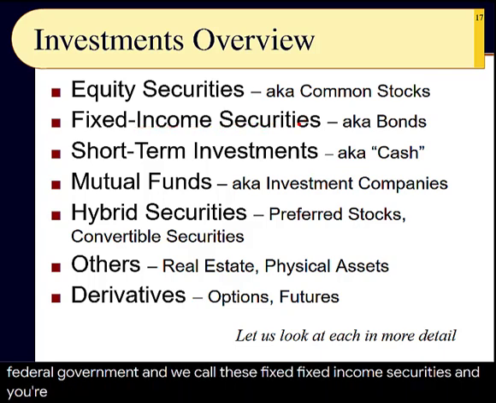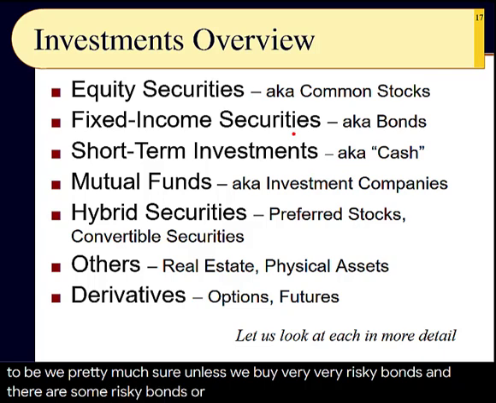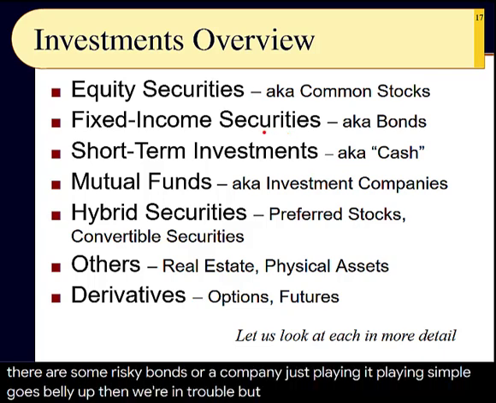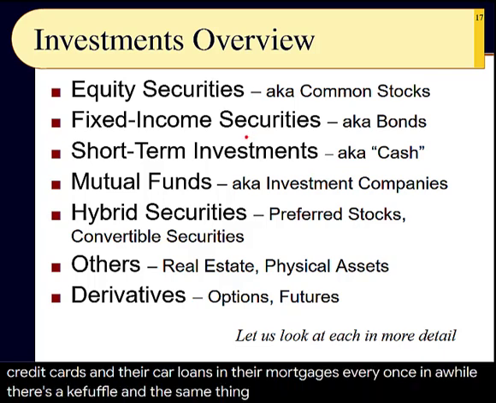And you're going to find out why, because we know what our return is going to be. We're pretty much sure, unless we buy very, very risky bonds, and there are some risky bonds, or a company just plain simple goes belly up, then we're in trouble. But in general, most people pay their credit cards and their car loans and their mortgages. Every once in a while, there's a kerfuffle. And the same thing is true with bonds. Most all bonds get paid.